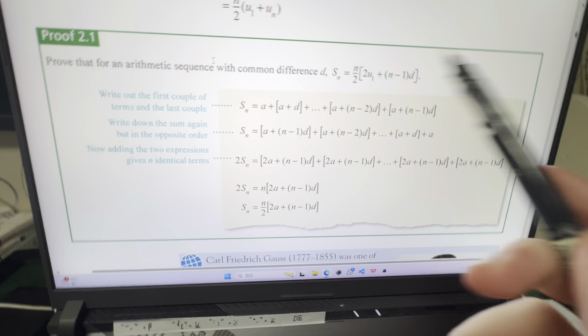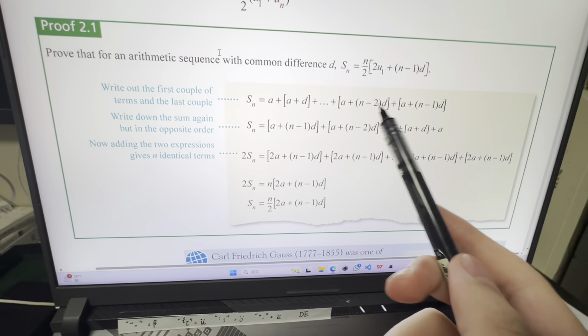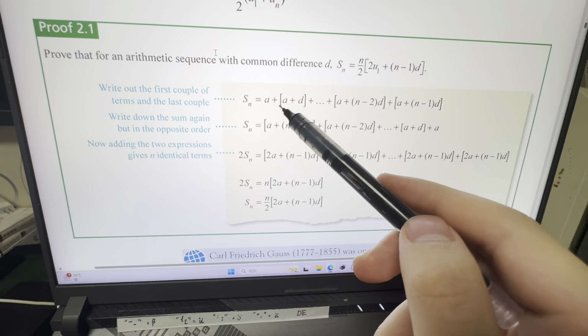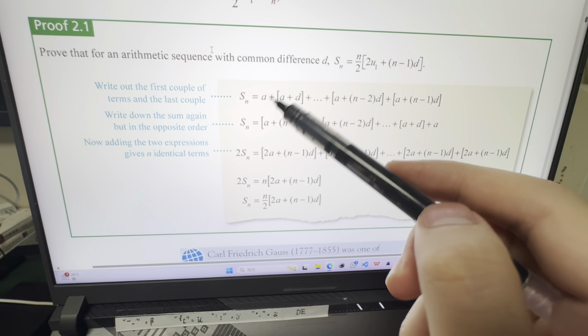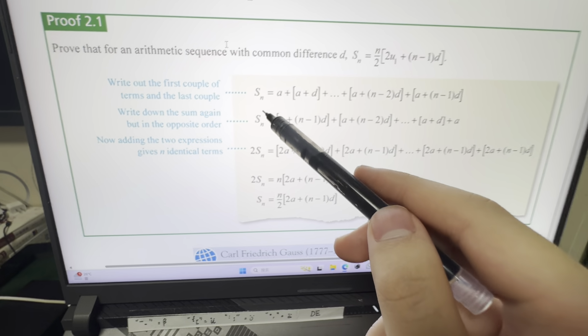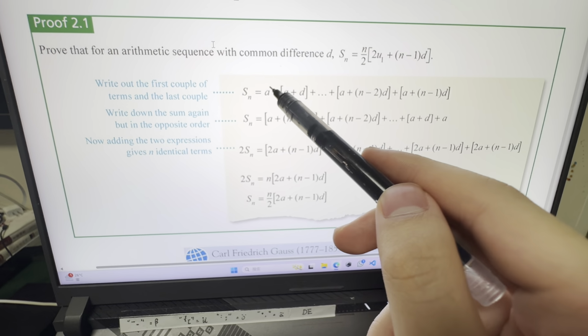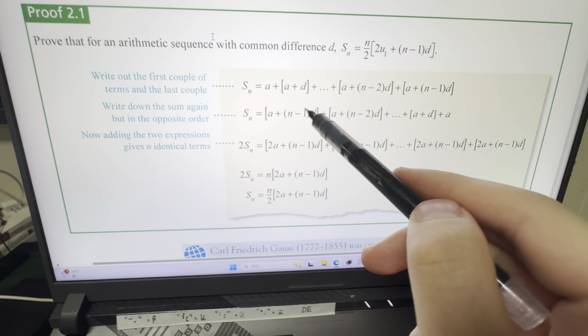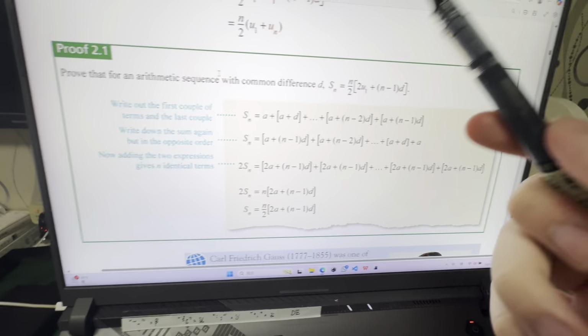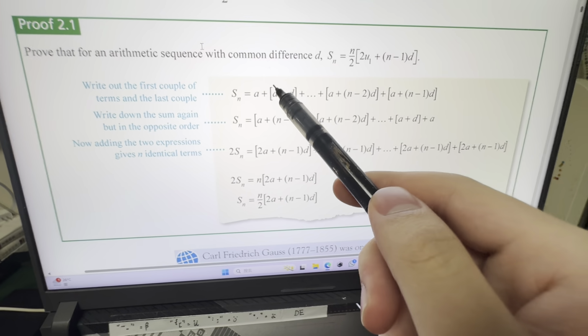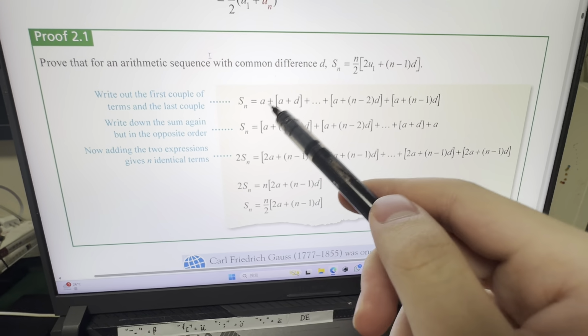Here's from the last term to the first term, but it expresses the same thing, and they add them together. They calculate term by term, first term for both, second term for both. For example, this thing plus this thing, and for the other things it is the same, and after we add everything, we find that all the terms are the same.